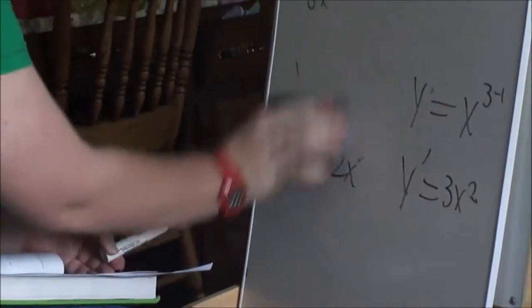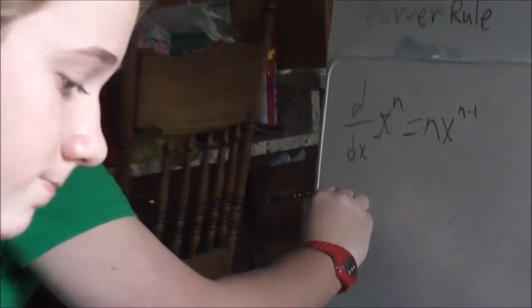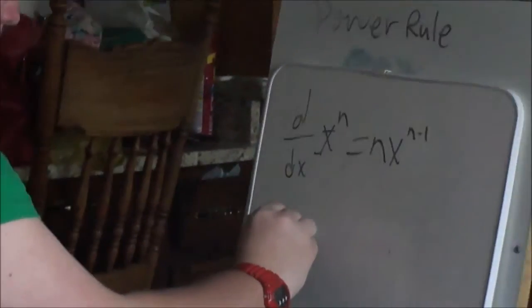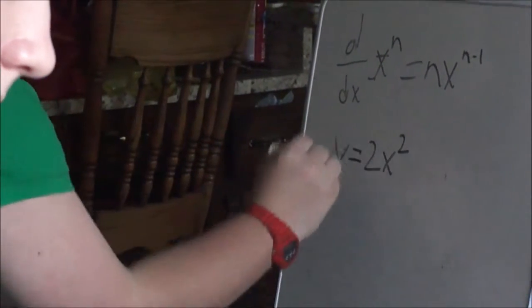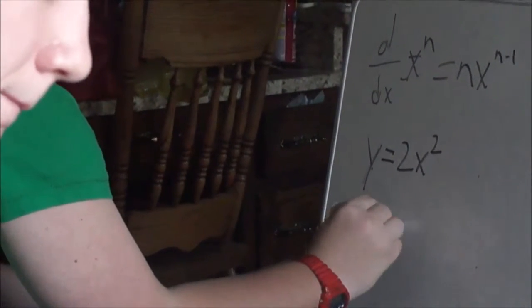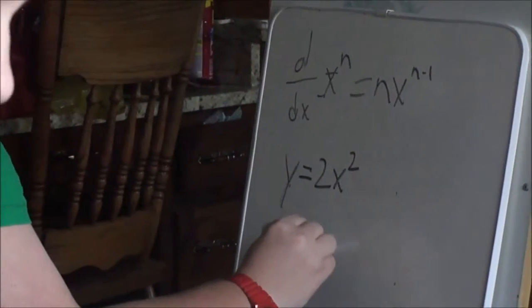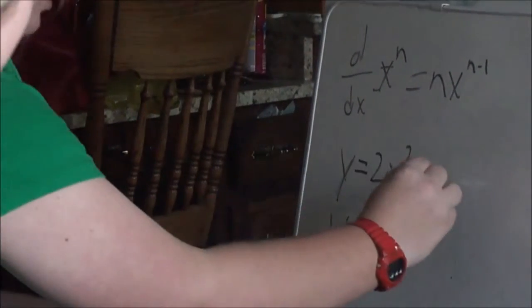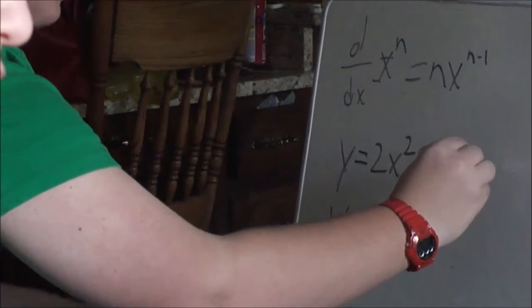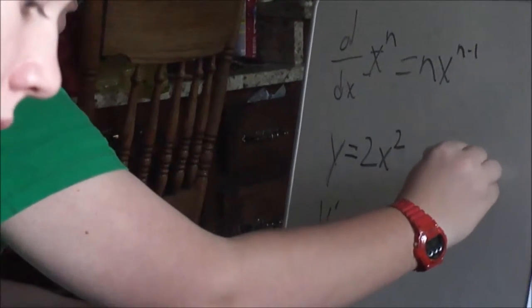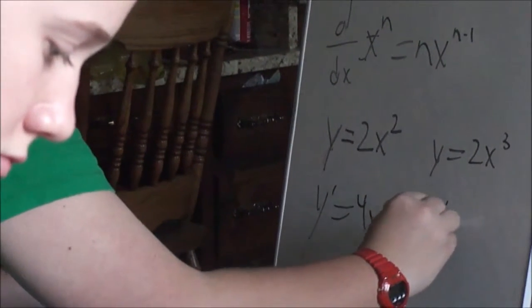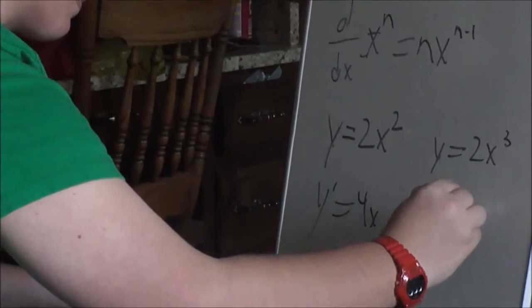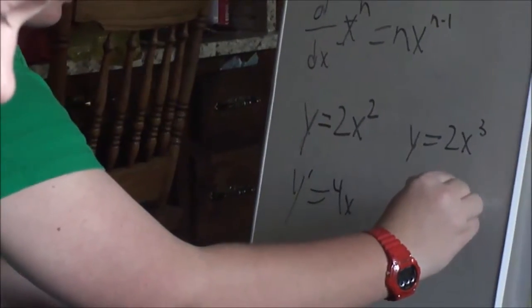And this also works with constants, such as if y equals 2x squared, then the derivative of y equals 4x. And if y equals 2x cubed, then y prime will equal 6x squared.